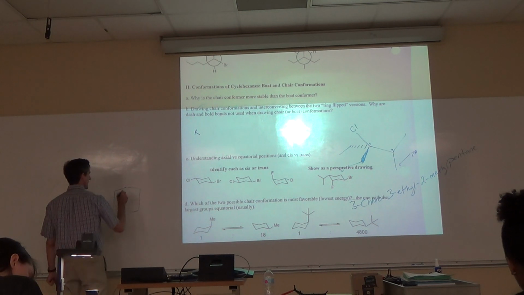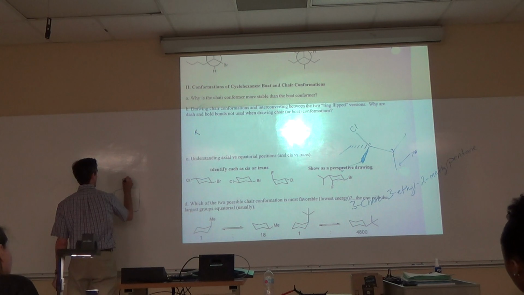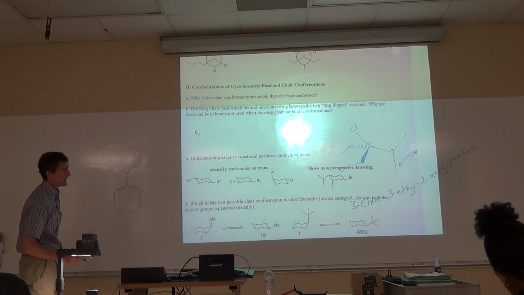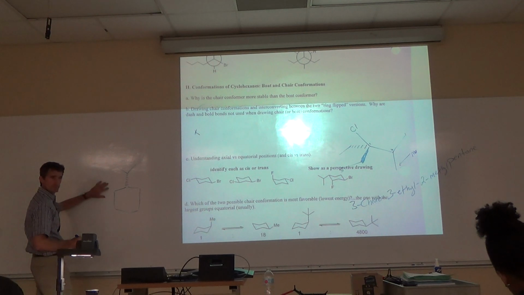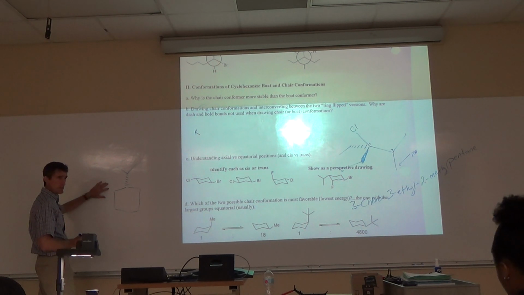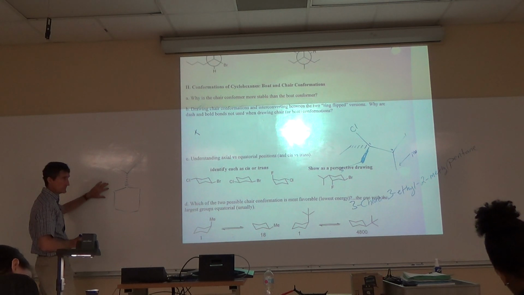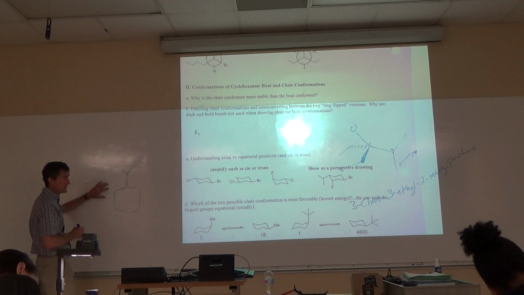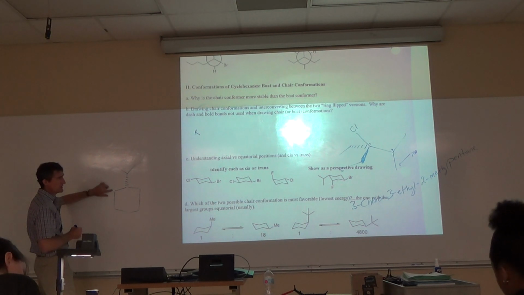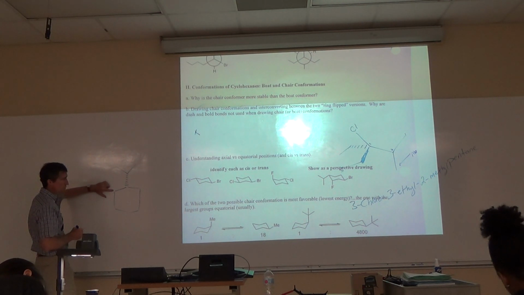I'm going to put the isopropyl here and put it like that. So where do you want to put the fluorine? Next door, right? 1, 2. I'll put the fluorine over here. Does it need to be dashed or bold?